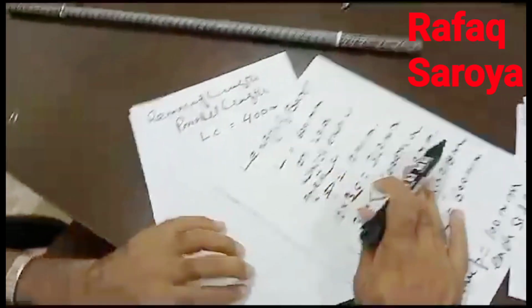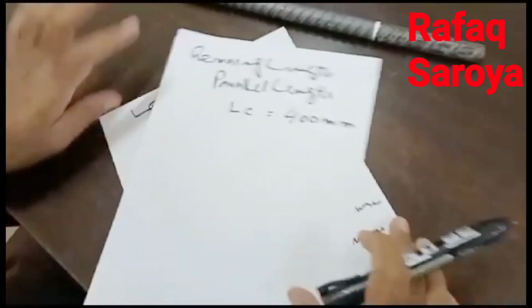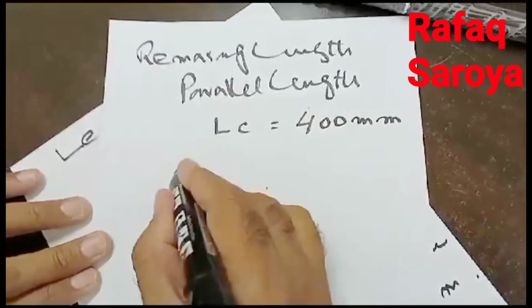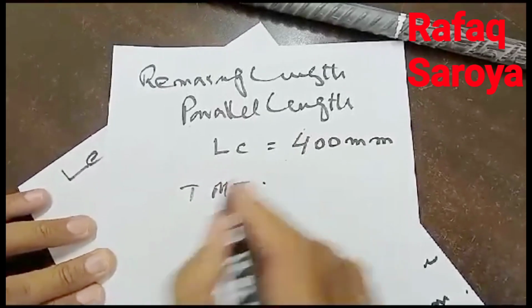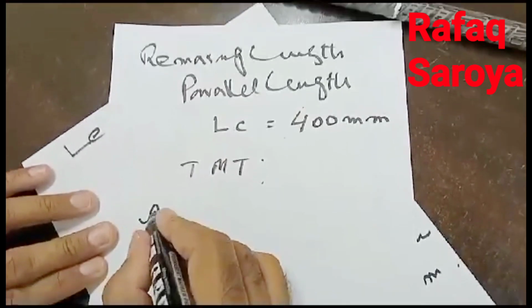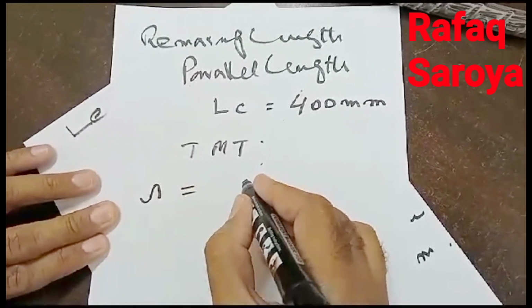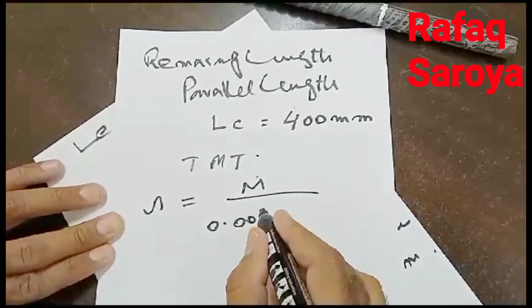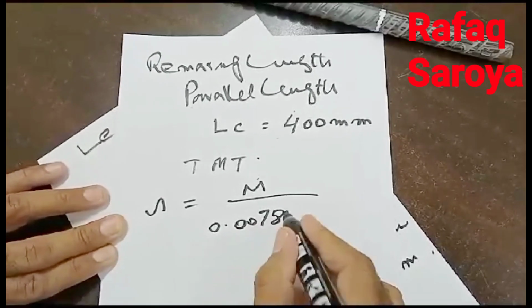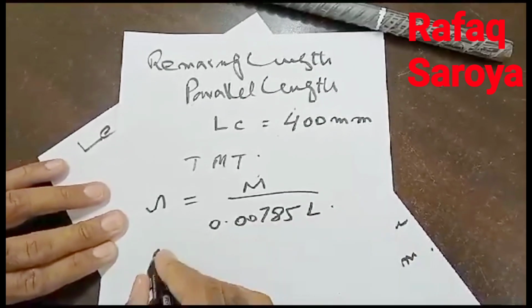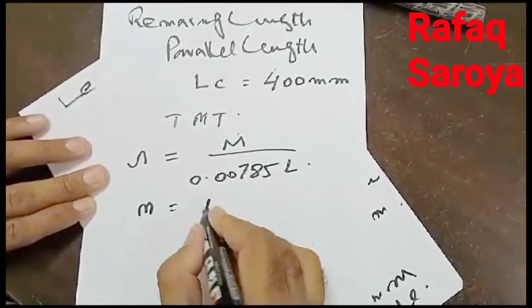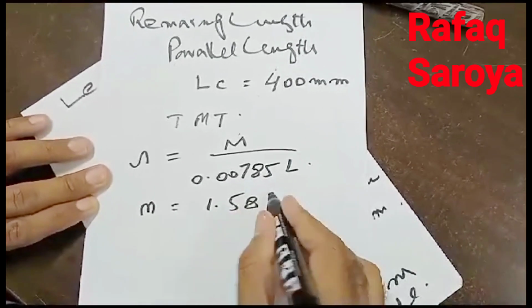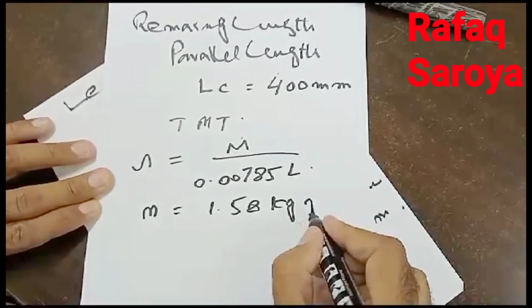Now, as this bar is a TMT bar, in order to find out the area of cross section, we are using this formula: m over 0.00785 into L. M is 1.58 kilogram for unit length.